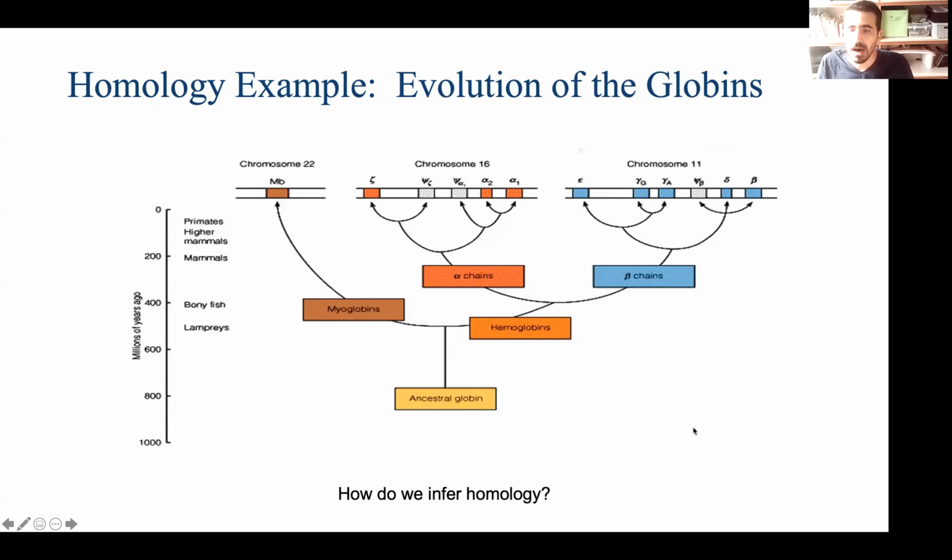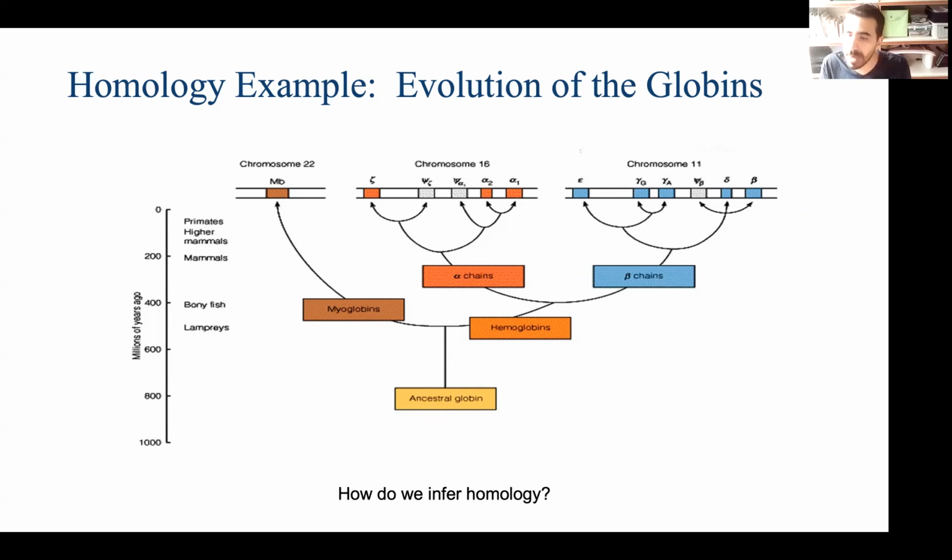However, the homology term can also be separated into two subterms: orthologs and paralogs. We will go into detail at the end of the phylogenetics session, but basically orthology means homology through speciation, and paralogy means homology through gene duplication. We will go into details later on.